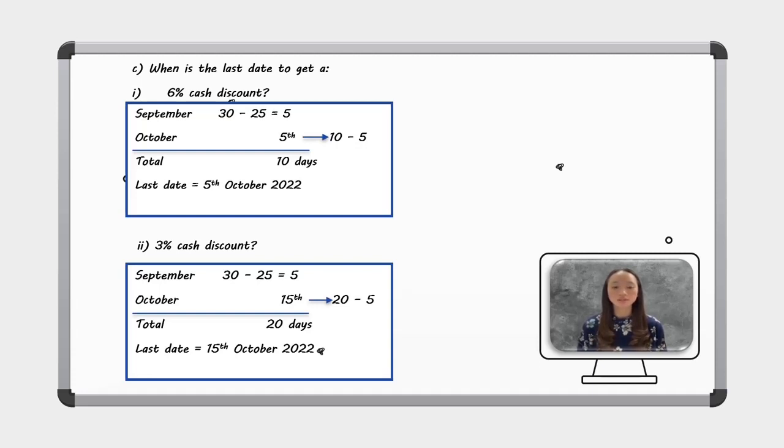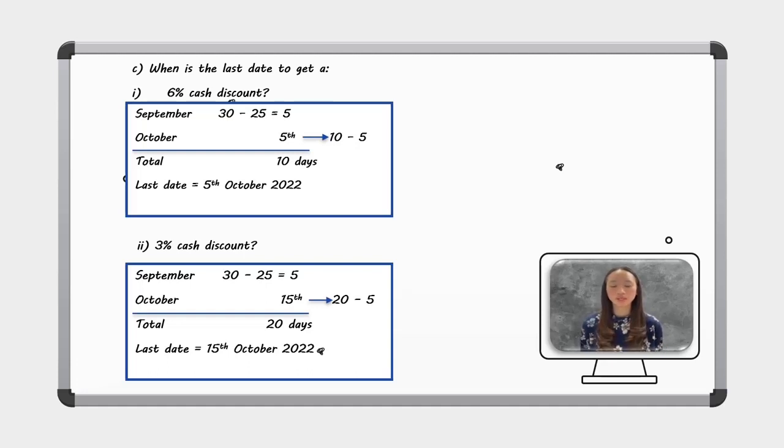So 30 minus 25, which is referred to 25th September. So the answer is 5. To find the last date to get 6% cash discount is total 10 days from the 6% cash discount minus with 5. So the answer to the last date to get 6% cash discount is on 5th October 2022.